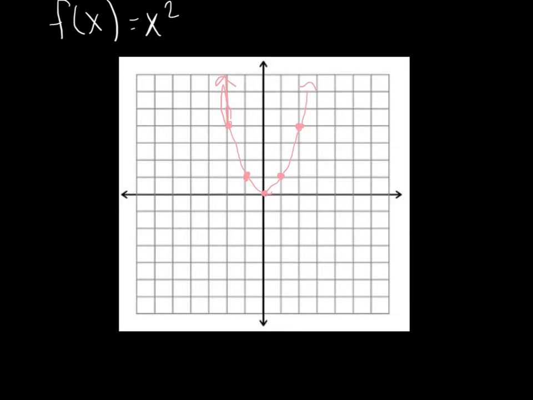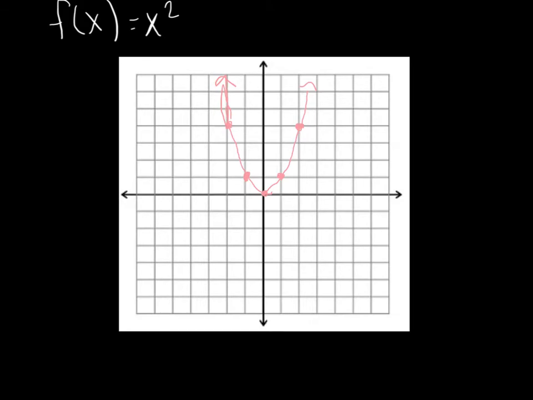Just like we noticed in the table that our f of x values had a pattern, it shows up here in the graph as well. It's because we have this symmetric U that we've just drawn, a parabola, right? And we have an axis of symmetry, which, if you remember back to geometry, there's typically an axis of symmetry.